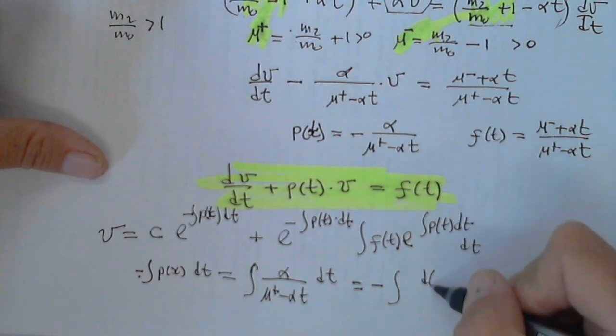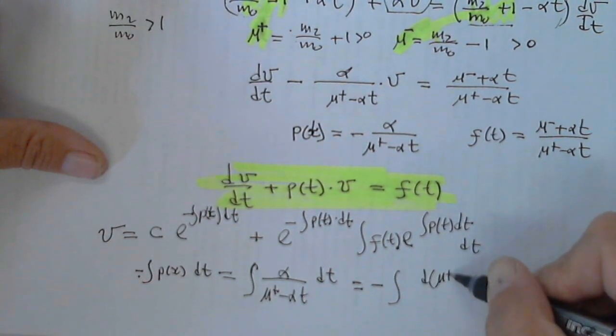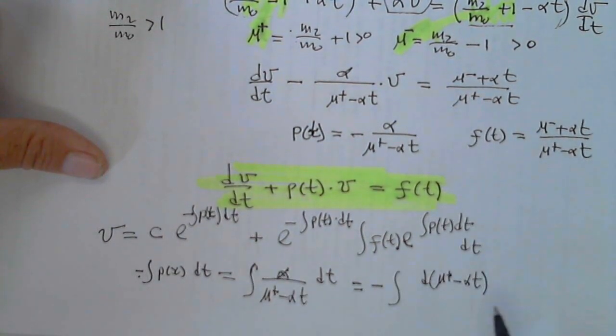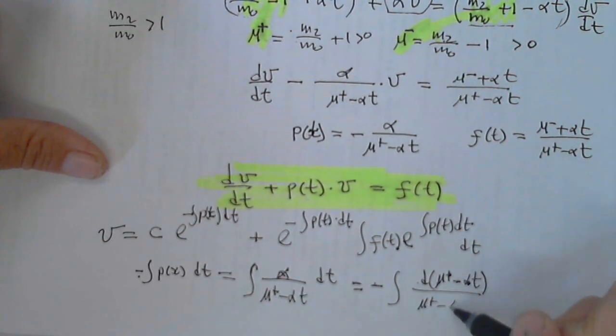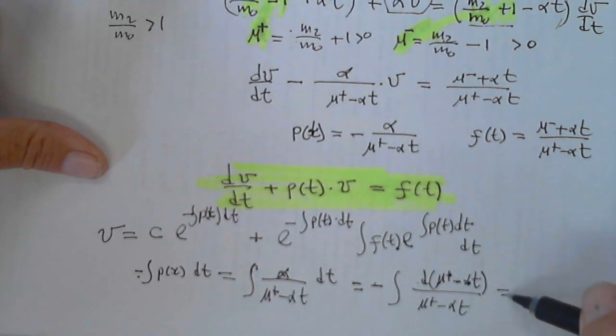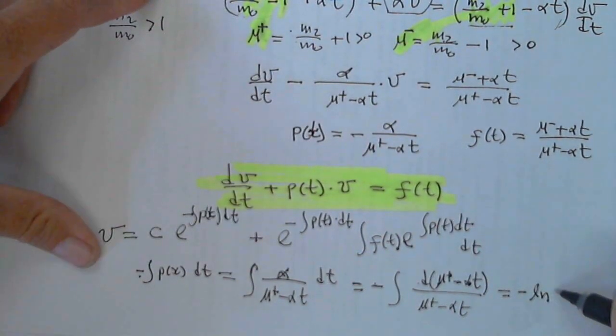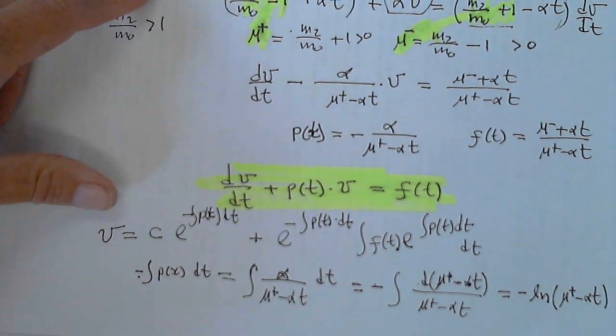This is a constant minus alpha t. I got the alpha over here, just need the negative. The differential of this is 0, the differential of this is alpha dt, and negative is plus, and then I got mu plus minus alpha t, and this is the log function of mu plus minus alpha t.